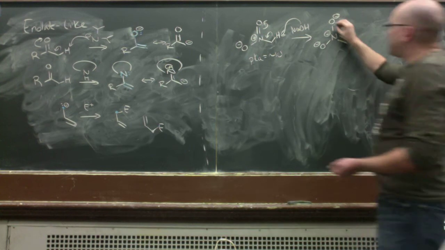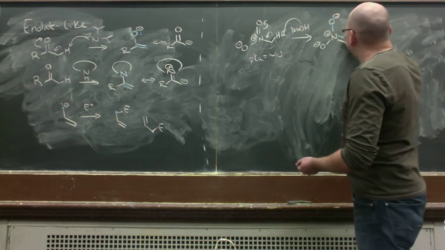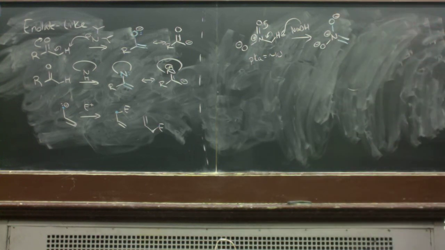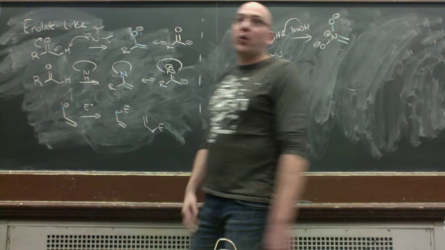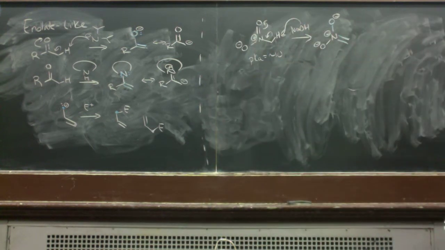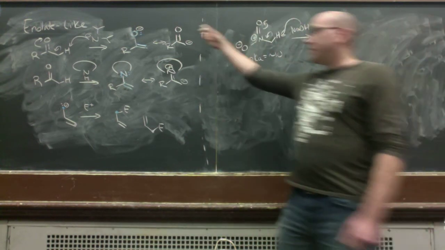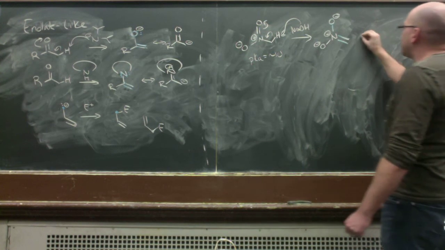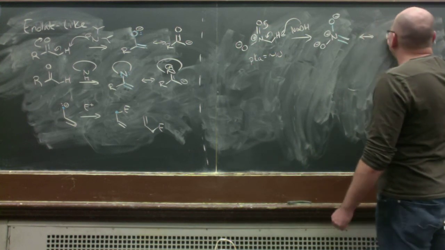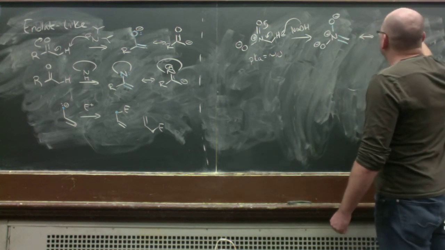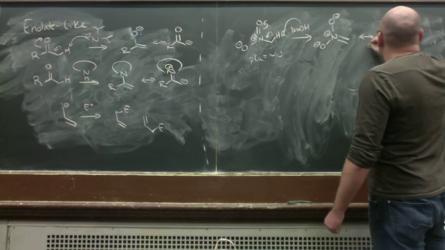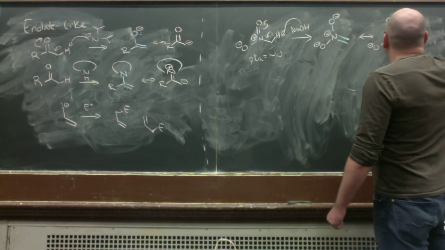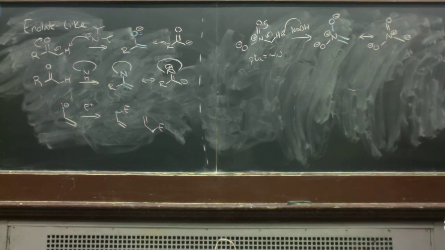So again, here's the parallel. This is how it would perhaps want to exist, this is how this one will want to exist. But the way that it reacts is a little bit different. Same way as this one, same way as this one. There's this alternative resonance form, a little bit higher in energy. But this is the way that it will react.